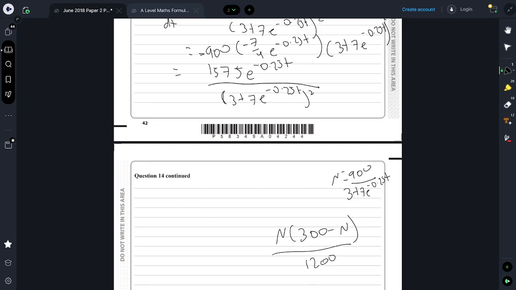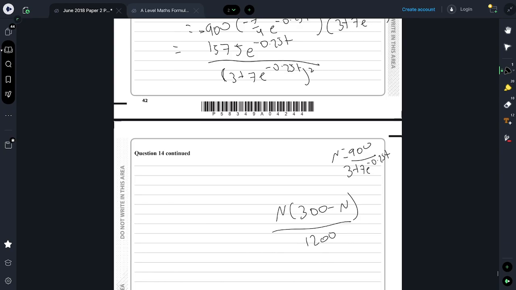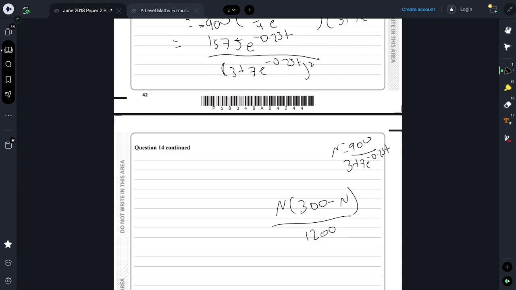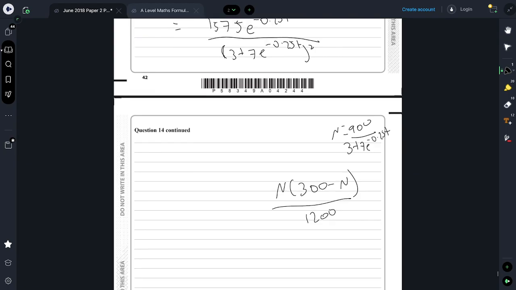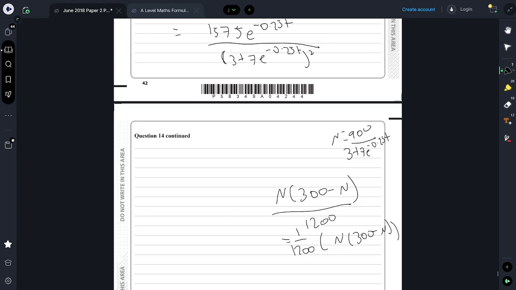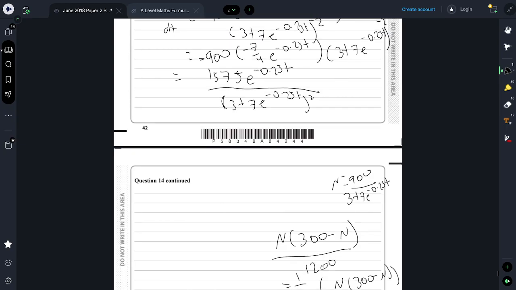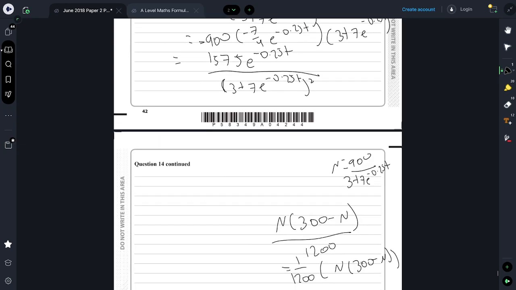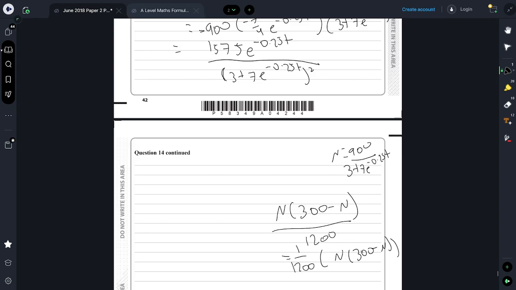If N is on top, which means the e's are here, say this is equal to 1 over 1200 of N of (300 minus N). Well, N is this. There's an e on the bottom. So we might not be too bad there.